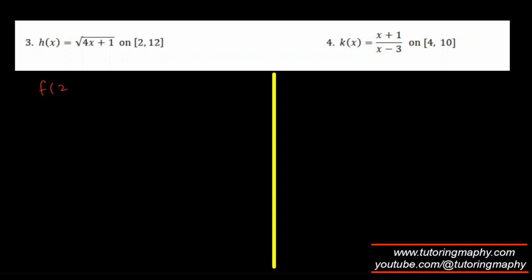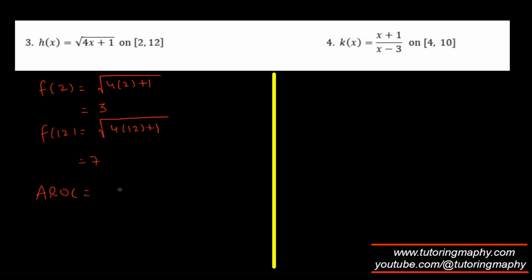So I'm going to find f of 2 first. F of 2 will be the root of 4 times 2 plus 1. 4 times 2 is 8, 8 plus 1 is 9, square root of 9 is 3. F of 12 will be the square root of, replacing x with 12 here, plus 1. 12 times 4 is 48, 48 plus 1 is 49. Square root of 49 is 7.